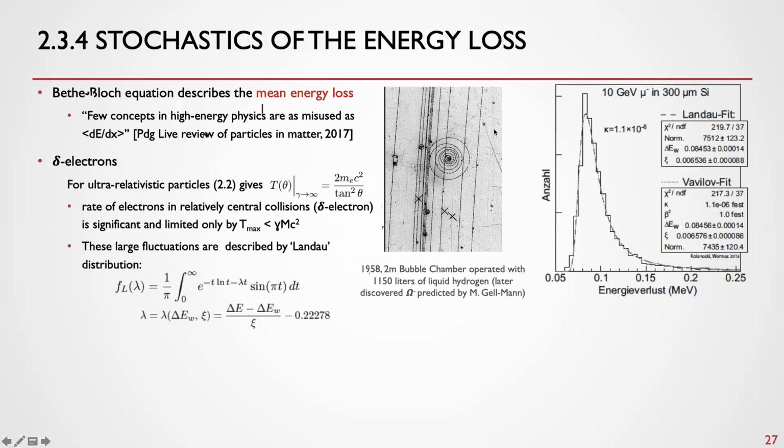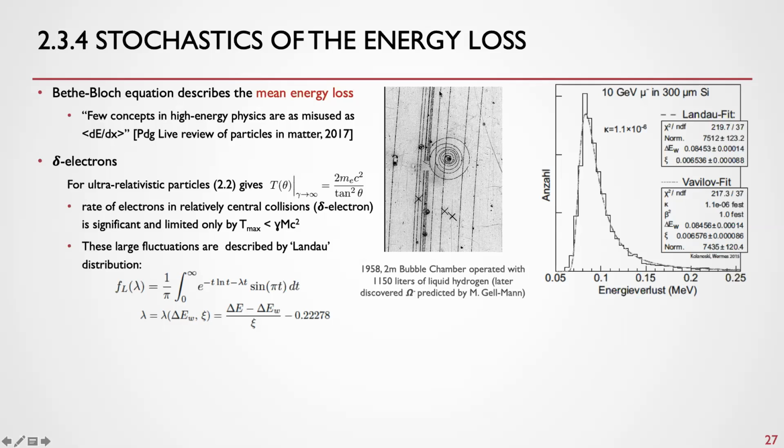Look at the bubble chamber photograph from 1958. That's with liquid hydrogen. We had the liquid hydrogen line on the previous slide. This was, by the way, used to discover the omega minus, which was predicted by Gell-Mann when he introduced the quarks.